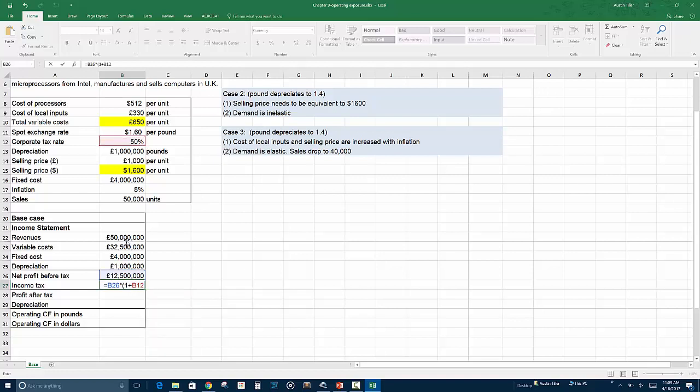Revenue minus all the costs and depreciation. £12.5 million before tax. Income tax, assuming it's 50%. So we take the profit before tax from B26 times 50%, so B12.